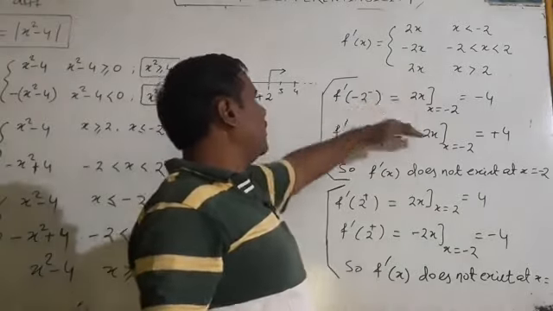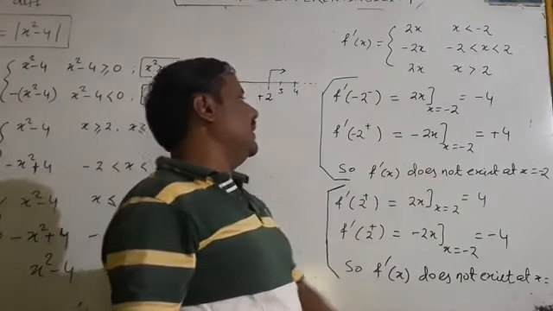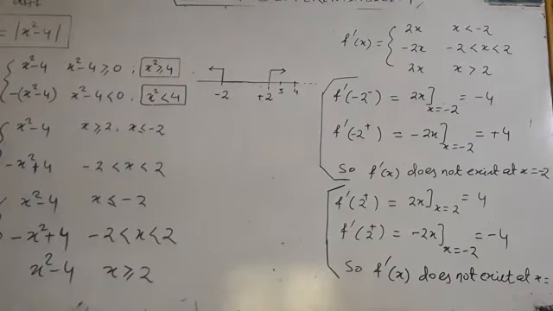As they are not equal, f′(x) does not exist at x = −2.